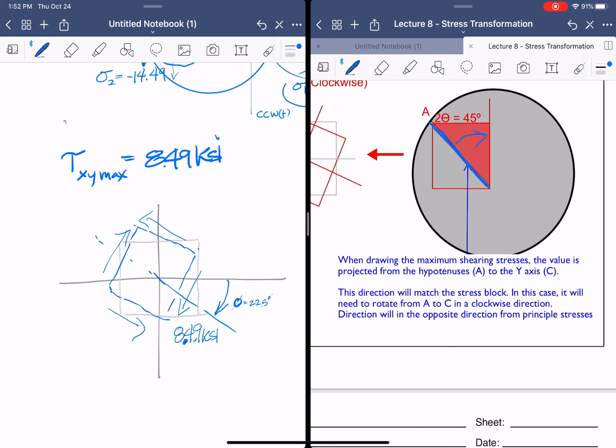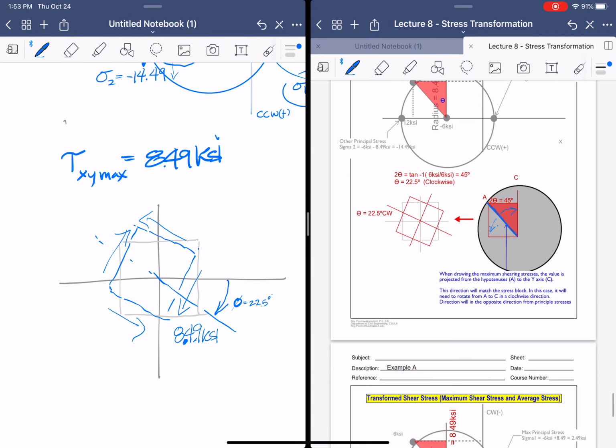In this case, it will need to rotate from A to C in a clockwise direction. The direction will be opposite from the principal stresses, because the principal stress was going this way. So once you actually do one of the stress blocks, you'll know how to do the other one, because it just literally rotates the other way.